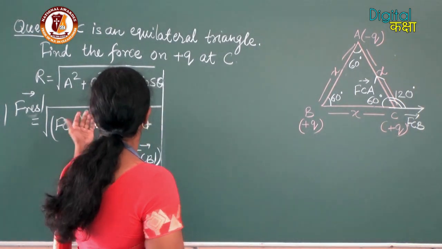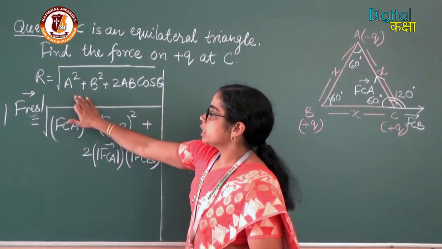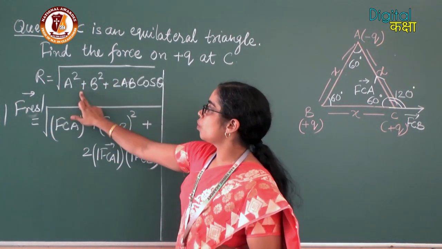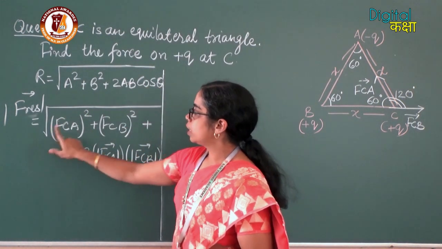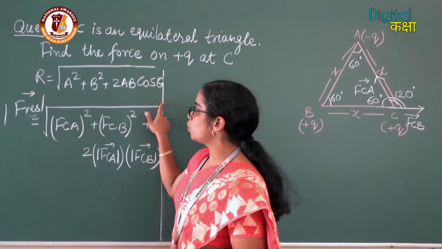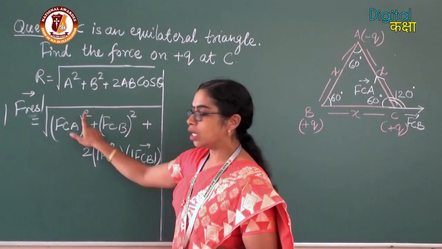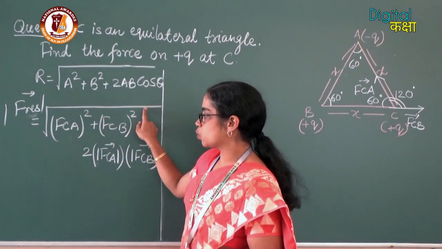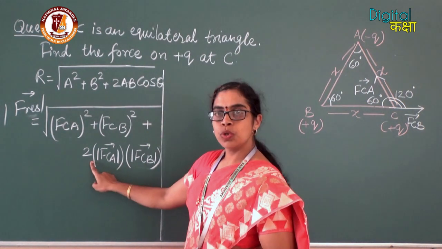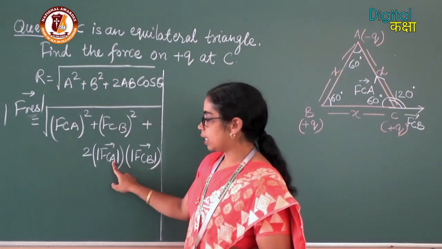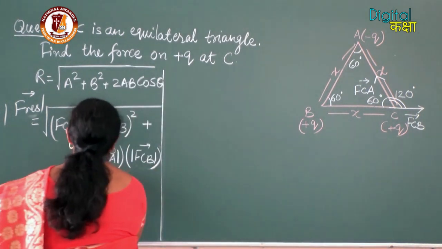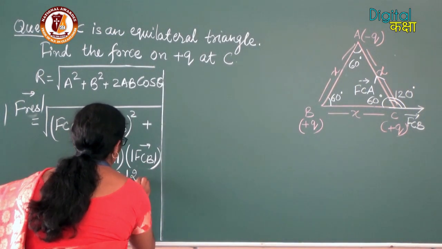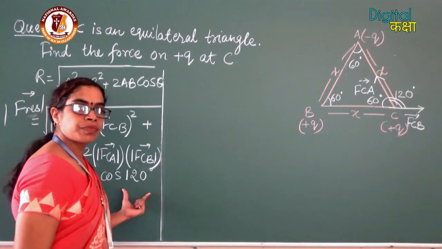Coming to the formula of the resultant, which is given as square root of a square plus b square plus 2ab cos theta, substituted as square root of FCA square plus FCB square plus 2 magnitude of FCA magnitude of FCB into cos 120 degrees.